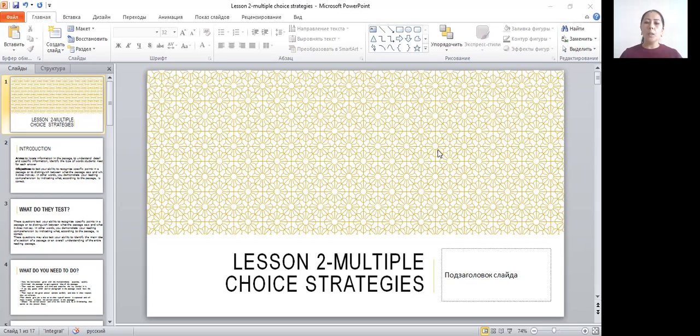Today we will speak about multiple choice strategies. As we know, there are lots of strategies belonging to multiple choice. This is also another tactic in reading for answering questions. So what will we learn in this lesson?